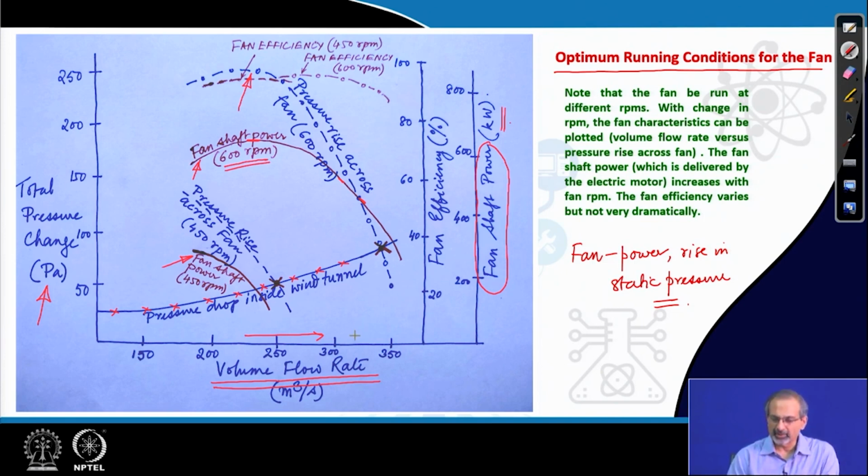So, when the fan is operating at 600 rpm, for example, this is the operating point where the characteristic of the fan matches with that of the tunnel, and that becomes the operating point. So, that is the point at which you get the appropriate volumetric flow rate, and that basically decides the test section velocity.